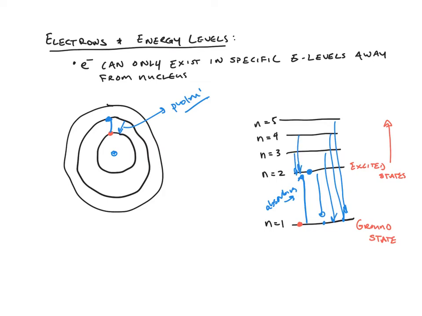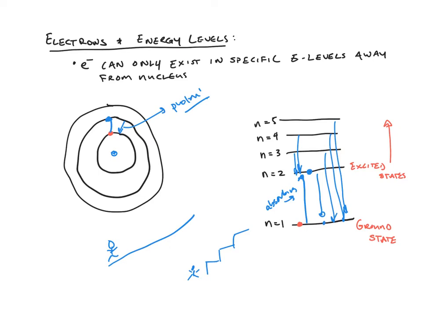So the energy that an electron can have within an atom is what we call quantized, meaning it can only take specific values. A good way to think about this is to think about your potential energy. For example, when you're standing on a ramp, so if this is you on a ramp versus you on a flight of stairs. On a ramp, your potential energy is not quantized. Remember, gravitational potential energy is mass times gravity times height.